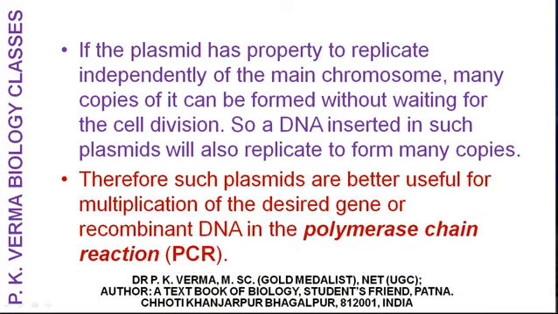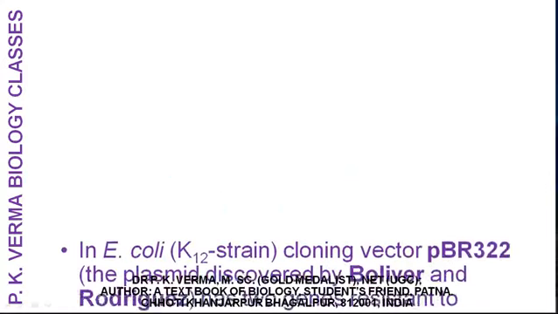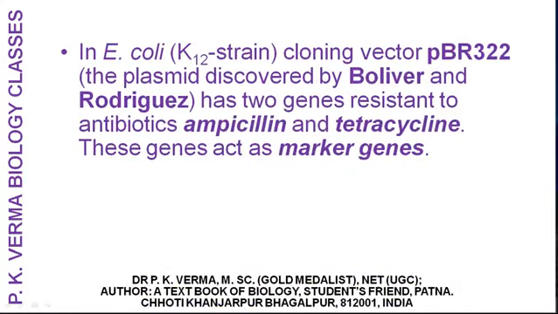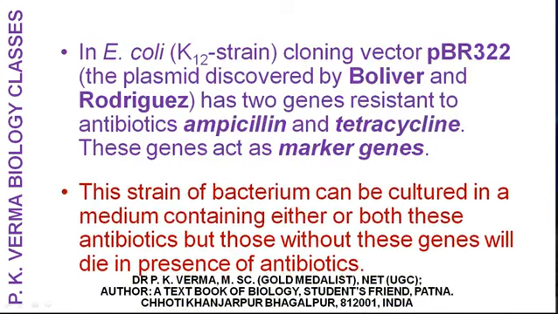Therefore, such plasmids are useful for multiplication of the desired gene or the recombinant DNA, as in the polymerase chain reaction. In E. coli K12 strain, the cloning vector pBR322 has two resistances to antibiotics, ampicillin and tetracycline. These genes act as marker genes.